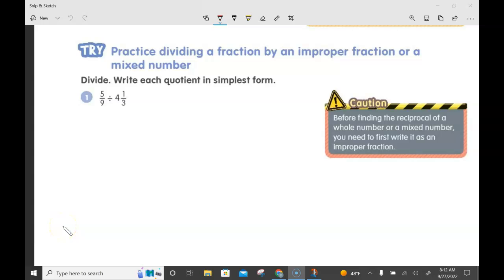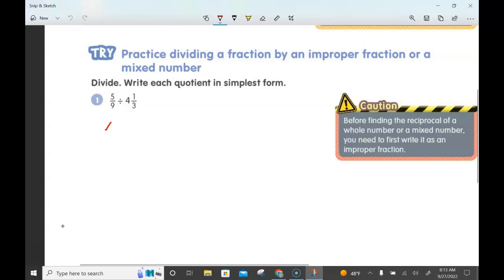Okay, now let's jump on over to page 100. We're going to take a look at number 1 on page 100. So let's get there. What we have for this is a fraction divided by a mixed number. So what we need to do first of all, we can write out our 5/9.